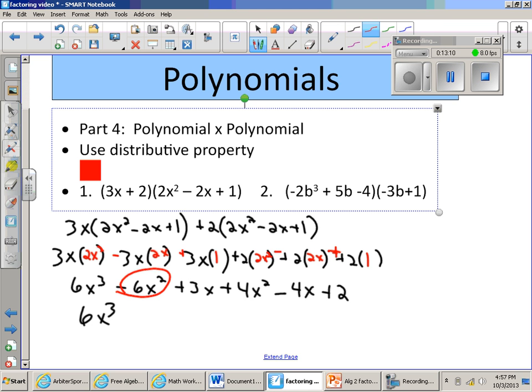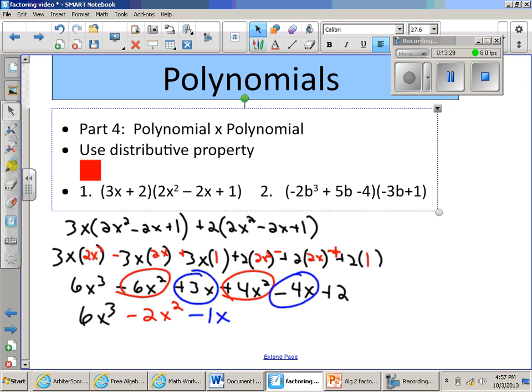I have minus 6x squared plus 4x squared. That gives me negative 2x squared. Positive 3x minus 4x gives me negative 1x. And then we bring down our constant term. No more like terms, so we need to check our answer. Problem in y1, answer in y2.